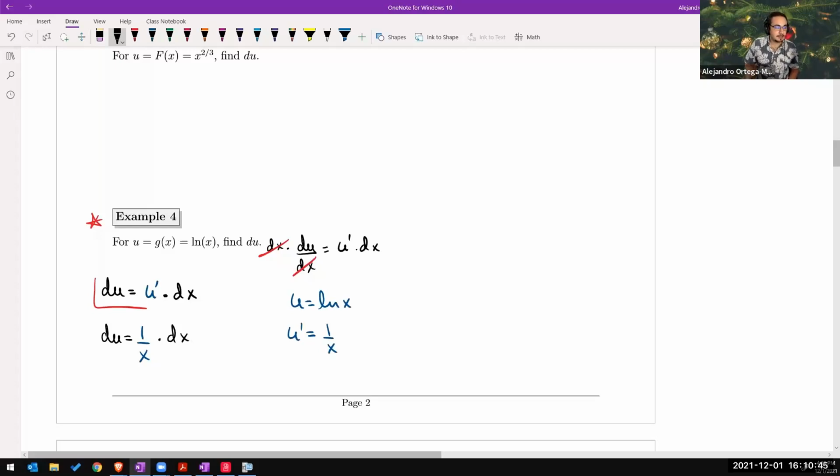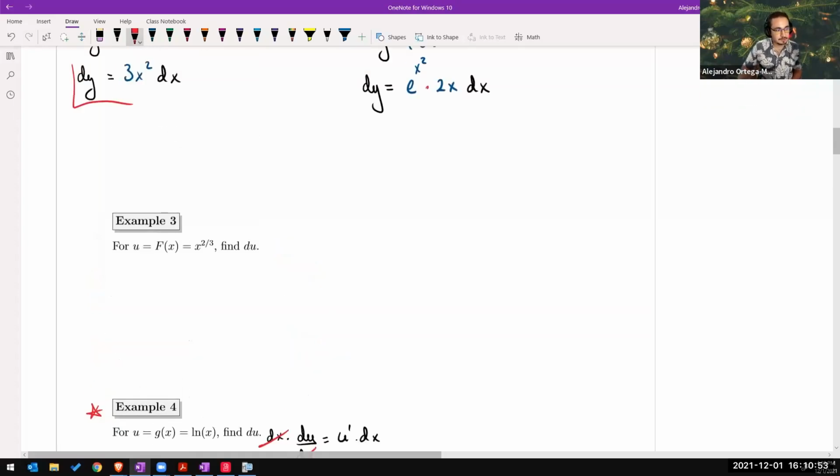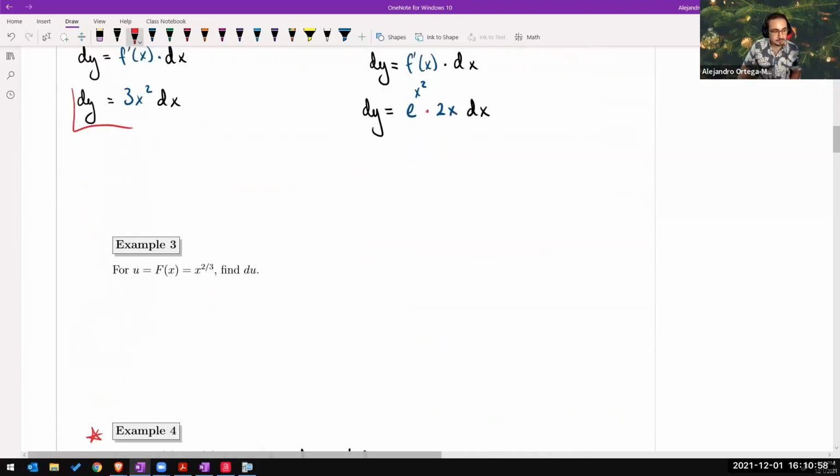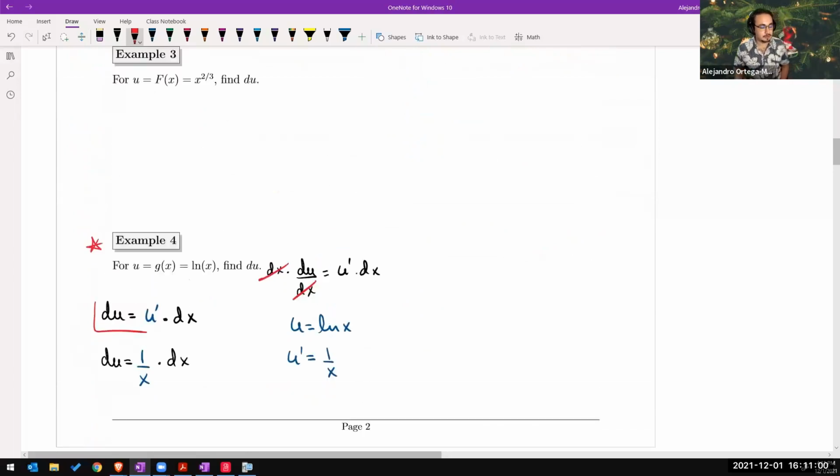All righty. So now we're ready to take a look at our new approach, known here as the method of substitution. So this is going to be our goal.